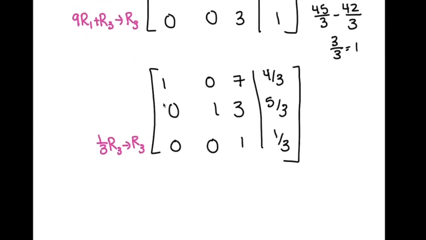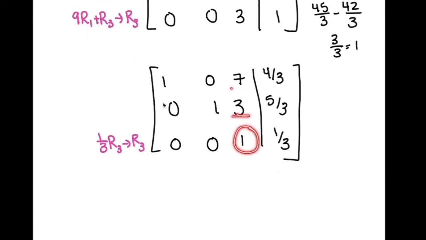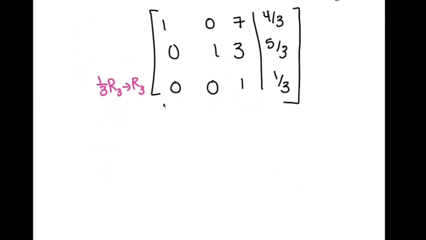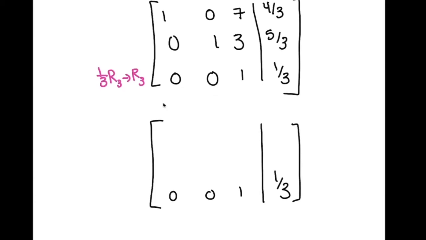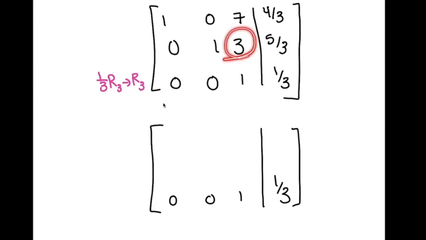Okay, now from here, let's use this 1, make the 3 and the 7 zeros. So for this step, nothing will be happening to row 3, copy row 3. To make this 3 a 0, I want to multiply the 1 I made by a negative 3 and then add it. So negative 3 times row 3 plus row 2.